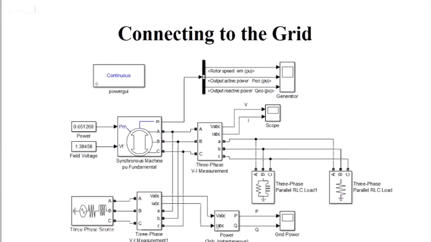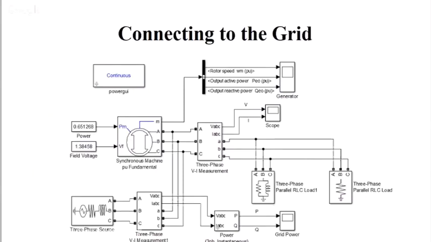In this we have connected a three-phase parallel RLC load of 25 megawatt along with a three-phase parallel RLC load of 40 megawatt active power and 15 MVAR reactive power. So this slack bus and this synchronous generator should provide these values to this circuit.